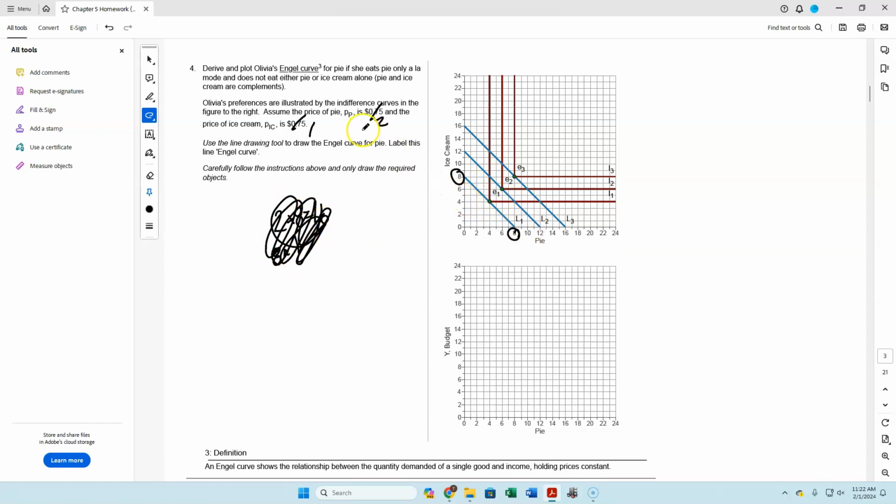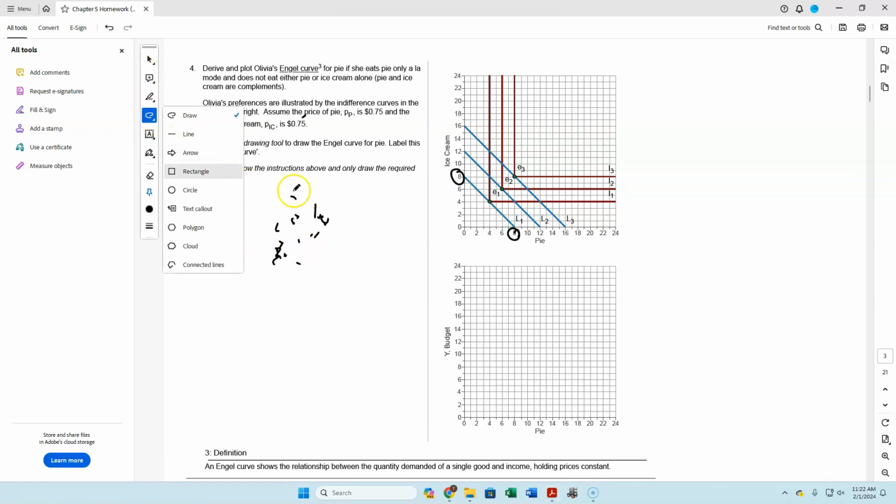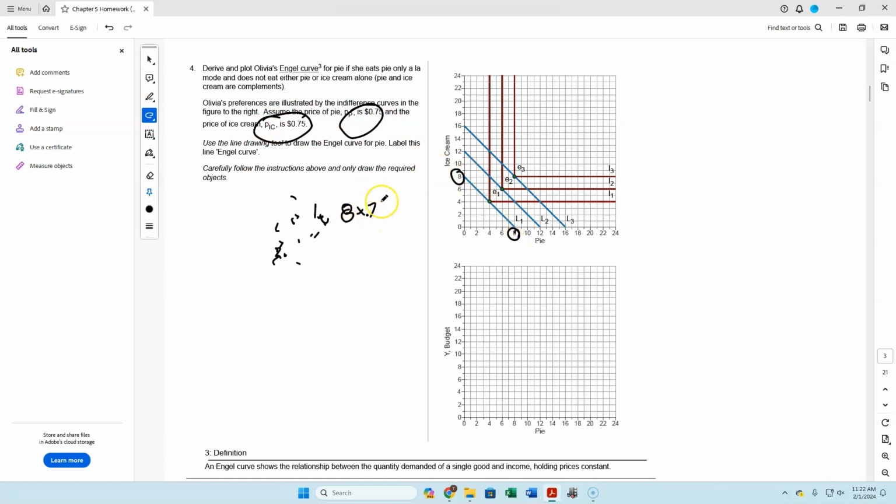Sorry, I need to just reset. Okay, let's just stay with theirs. Price of 75, price of 75, so that makes sense here. So what would that be? That would be 8 times 0.75, which is 6. So it'd be a $6 income.